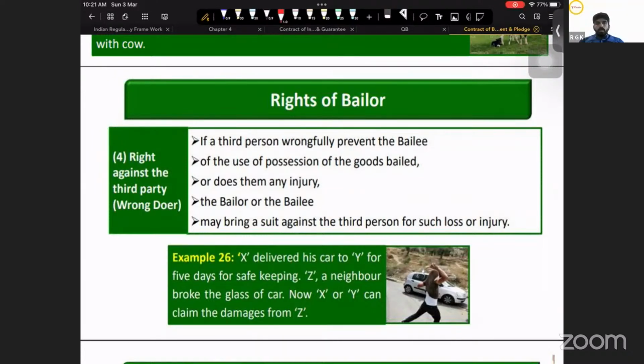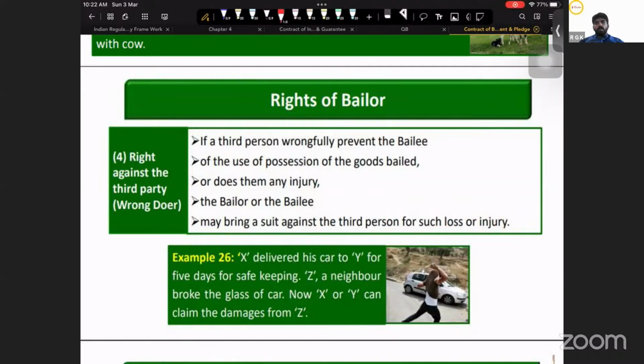Now, even though the goods are in the custody of the bailee, you being the bailor of the goods have the right to file a case against the third party. You have the right to take action against the wrongdoer. Whosoever is causing harm to your goods, you have the right to claim compensation from such person. You have the right to sue him, the wrongdoer.